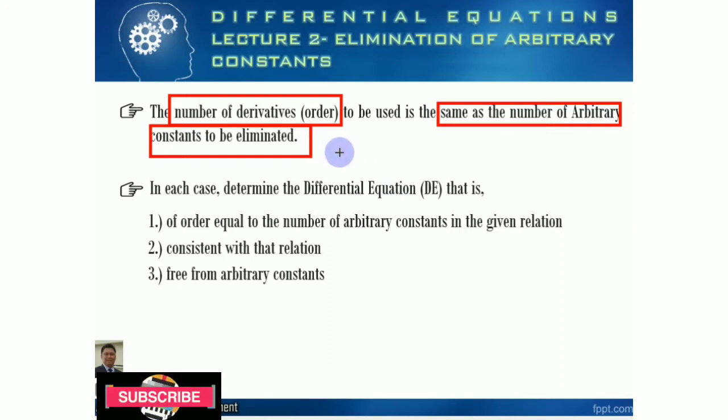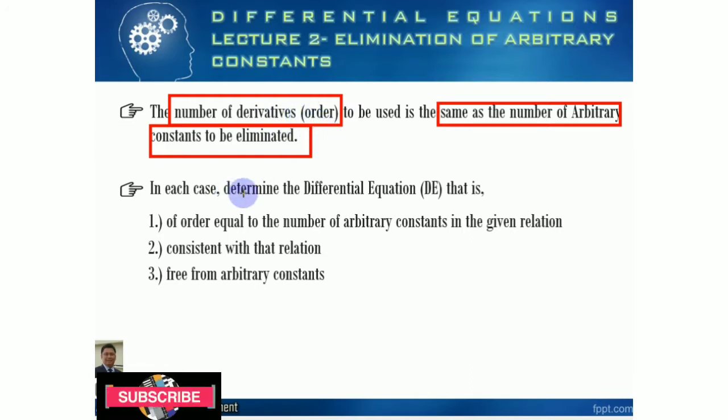So this will simply mean that if you have two arbitrary constants in the equation, you need to take the second order derivative. If the arbitrary constants are 3, you need to take the third order derivative of the said equation.